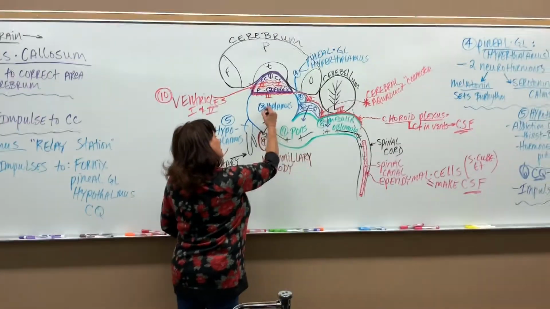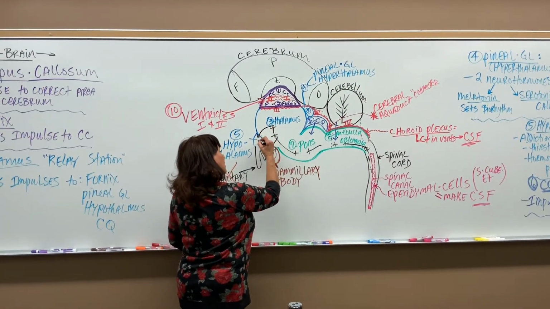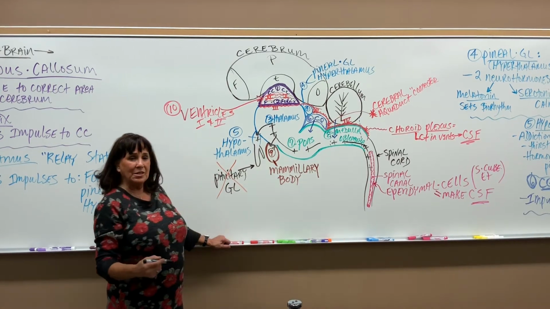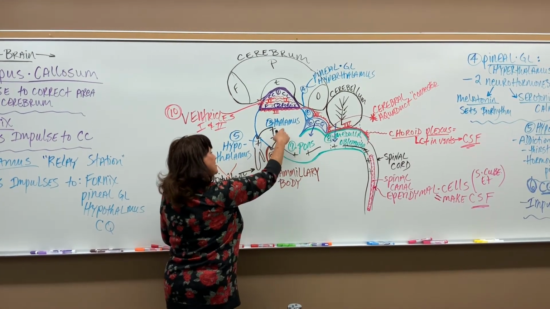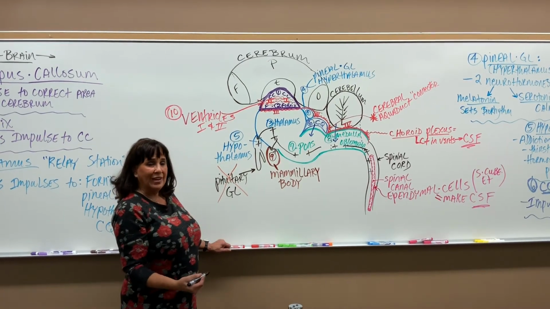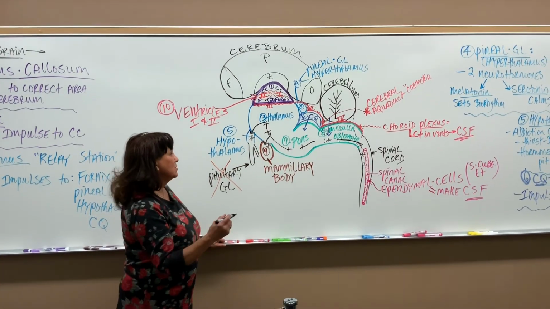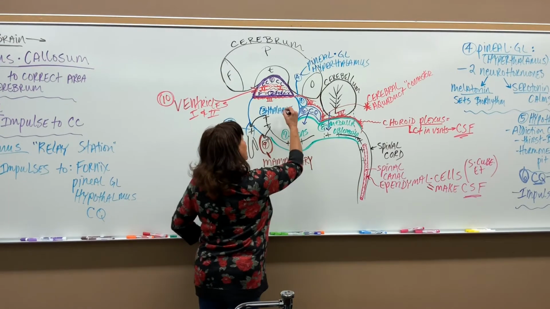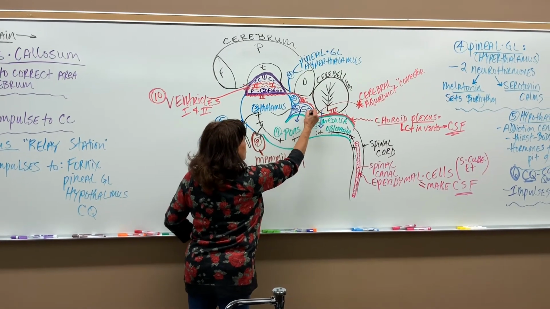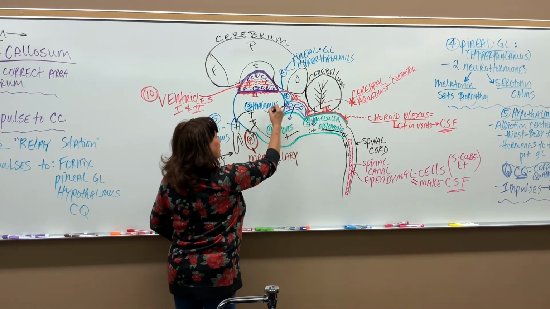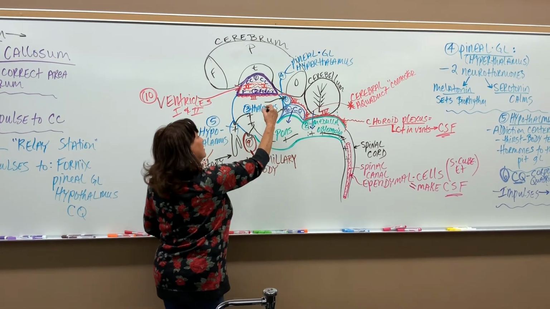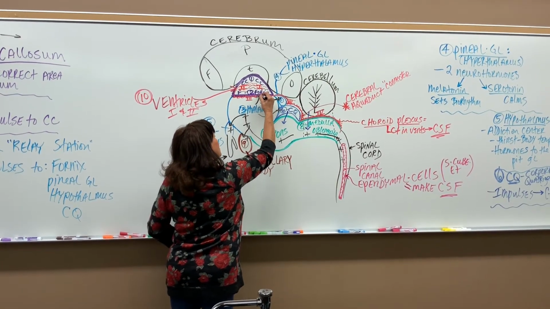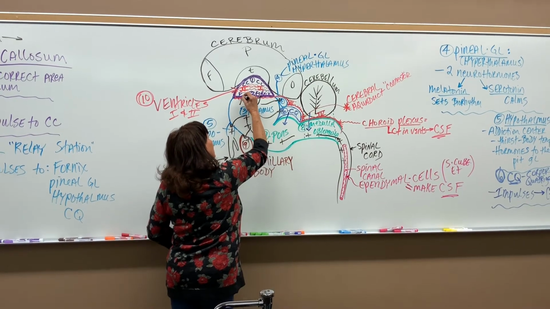And then the thalamus can send the electricity over here to the hypothalamus and tell it what to do, okay? And so the thalamus is like a railroad station. It's gonna send the electricity to where it needs to go. And so the thalamus can send it to the CQ right here. The electricity can go to the pineal gland right here. Or it will send it up to the fornix right here.